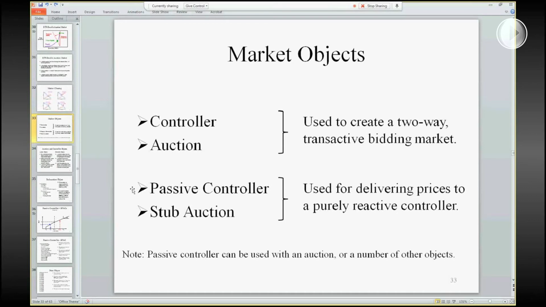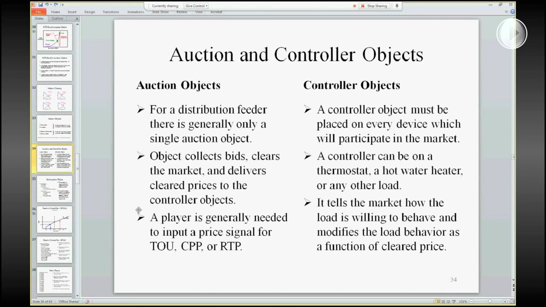But really this gets divided into, if you're looking at your auction, you're looking at receiving and transmitting bids. Stub auction, you're just sending out information. Controllers are going to be not only receiving information, but broadcasting information back out to the auction, while passive controllers are just going to be receiving information. So a little bit more about what these do.